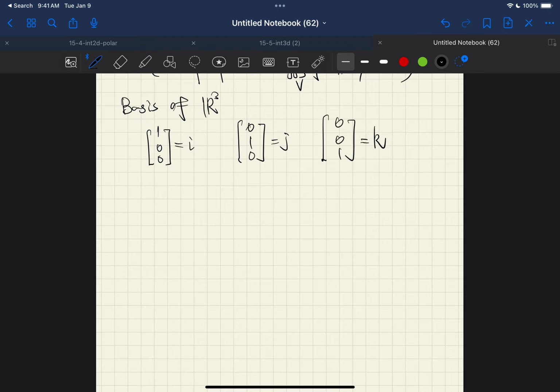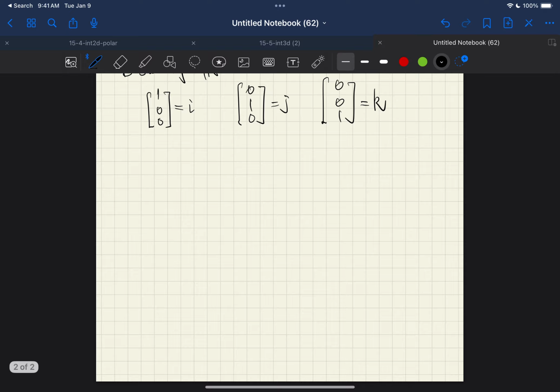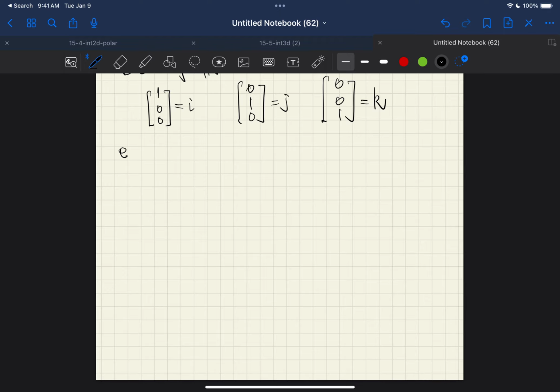So i, j, k stand for three special vectors, and that means we can write any point in R3 as a combination of these basis vectors. That's what basis means.